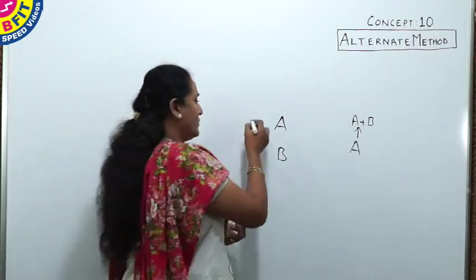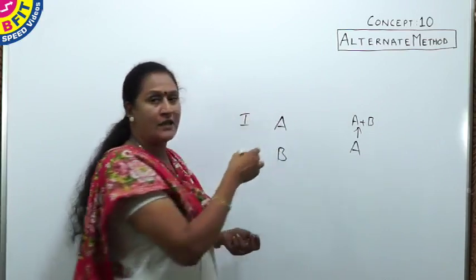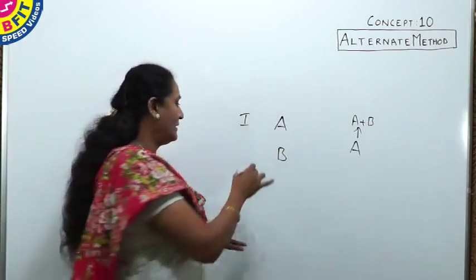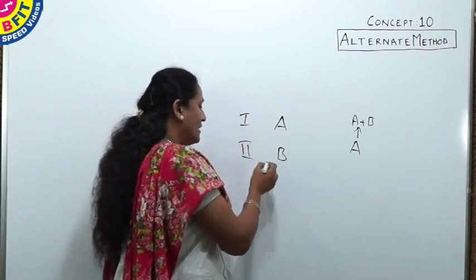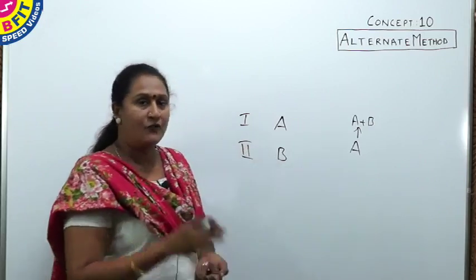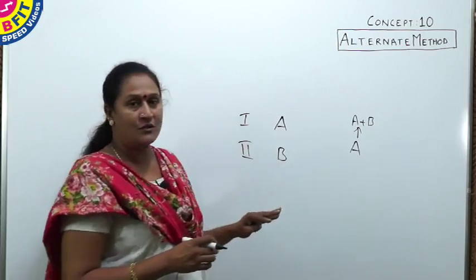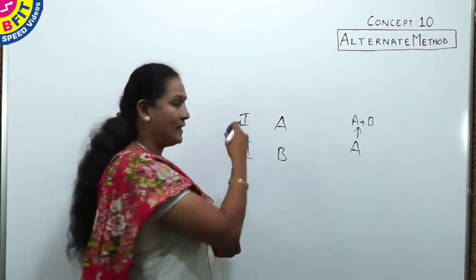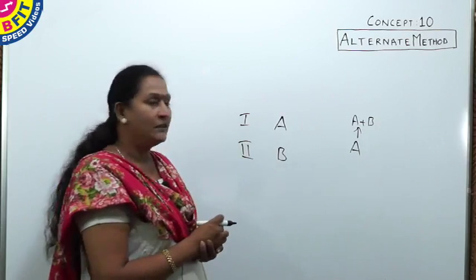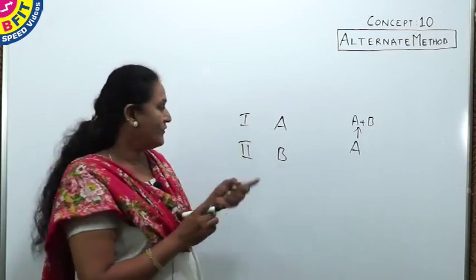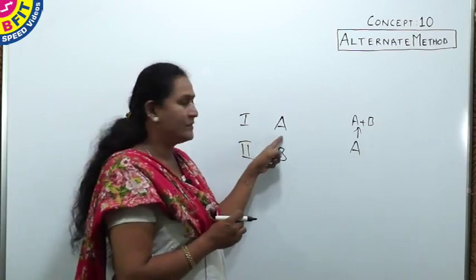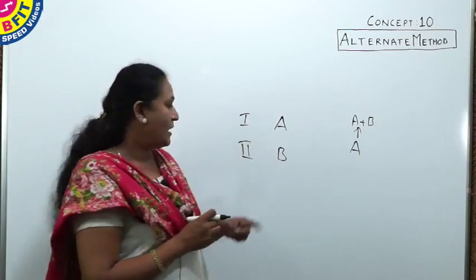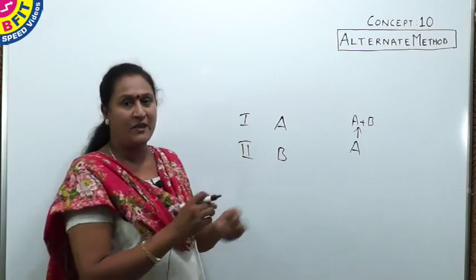So it means for the first hour, if A is opened, for the second hour A is closed and then B is opened, and for the third hour B is closed and A is open. So it goes on like this, that the taps are open in alternate hours till the tank is filled. So when we check here, in odd hours pipe A is open and in even hours pipe B is open.